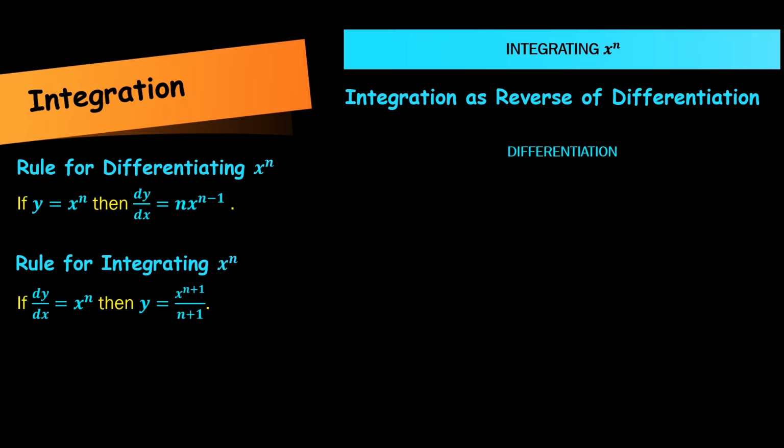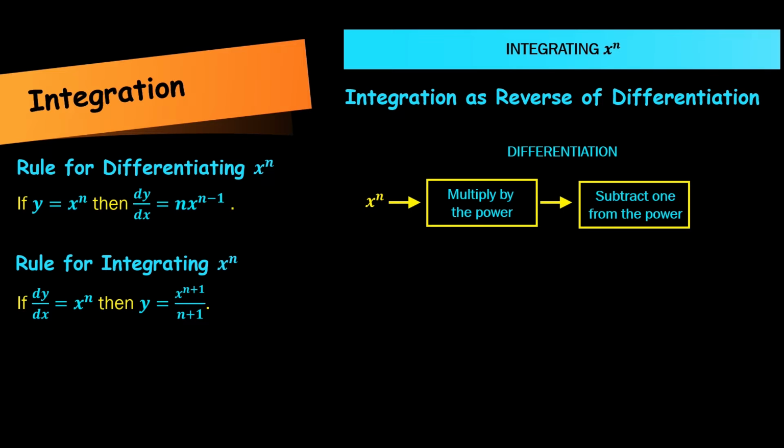So when we're differentiating, if we start with x to the power n, we multiply by the power, so this now becomes nx to the power n, and then we subtract 1 from the power to give us nx to the power n minus 1.